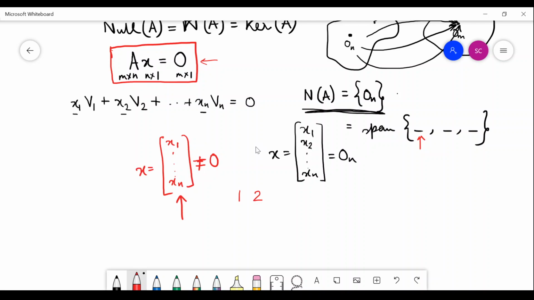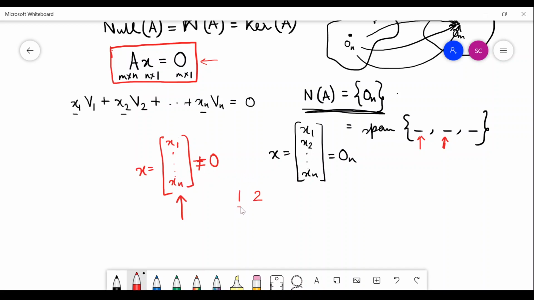That also means any linear combination of those two vectors will also satisfy this equation. Then your null space becomes a span of those two vectors x1 and x2.